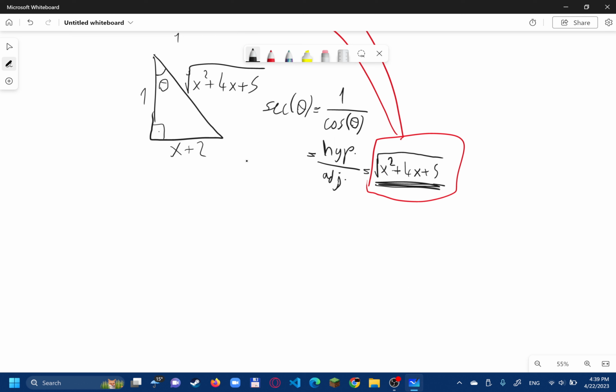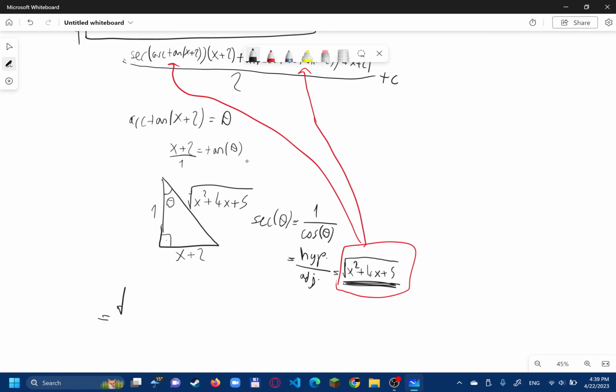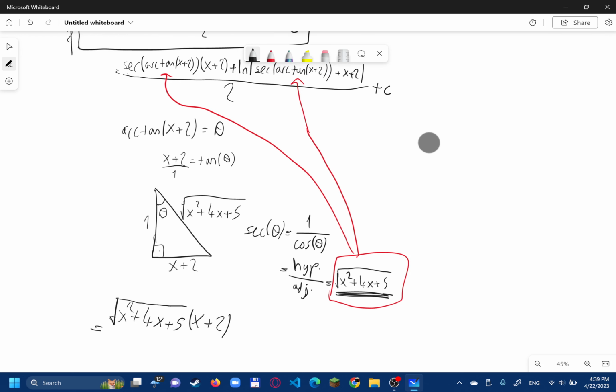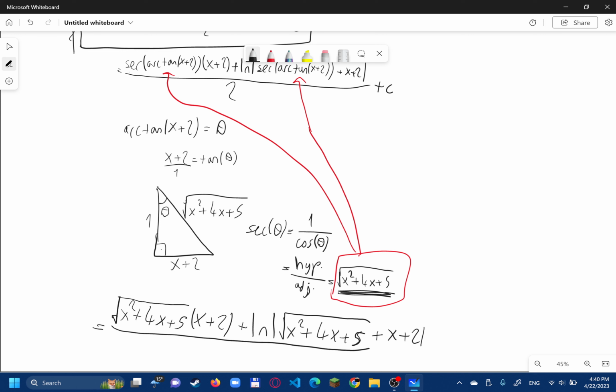So the actual answer becomes the square root of x squared plus 4x plus 5 times x plus 2 plus the natural logarithm of the absolute square root x squared plus 4x plus 5 plus x plus 2. All of this divided by 2 plus c.